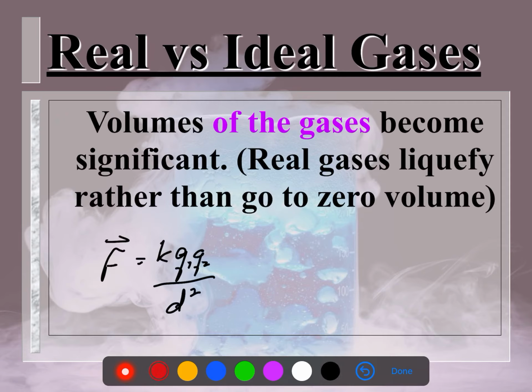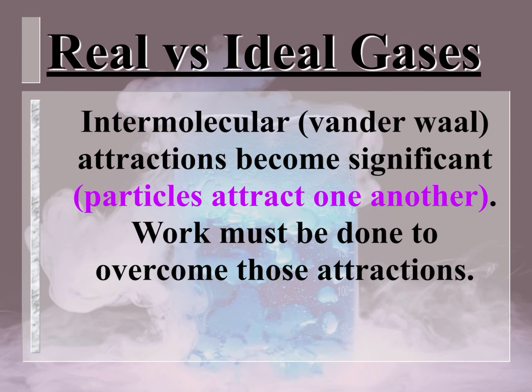And so we are reducing this distance between particles, so the force of attraction is going up, and that's an inverse relationship between force and distance between charges. So as the distance gets small, then the force of attraction goes up, and now the particles start to exert a lot of force on each other and they curve towards each other. Your book talks about that under those conditions the particles come together and liquefy.